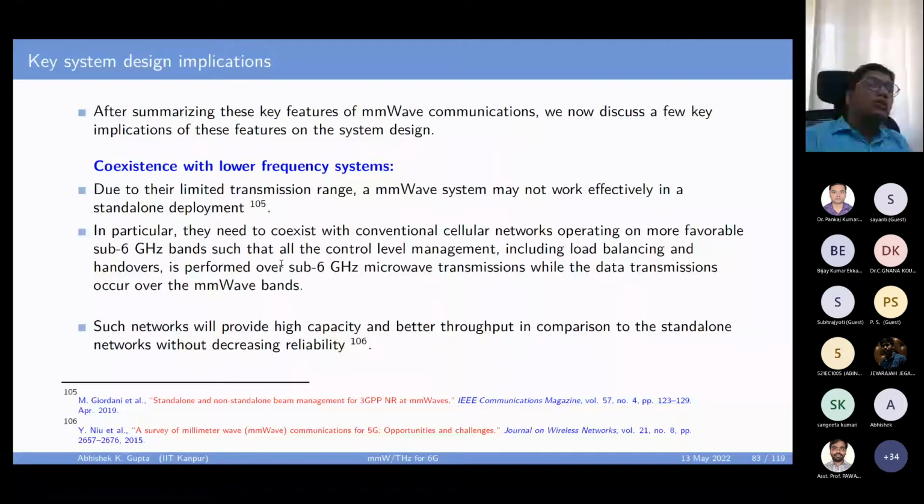Second thing, as we said, even though they provide a good data rate, they are still unreliable. So to have some reliability, you need to put them together with lower frequency systems like sub-6 gigahertz. Whenever you require a high data rate, you can use millimeter wave. But when it is not available, you can always fall back to sub-6 gigahertz. You can also use sub-6 gigahertz for control channel type applications.